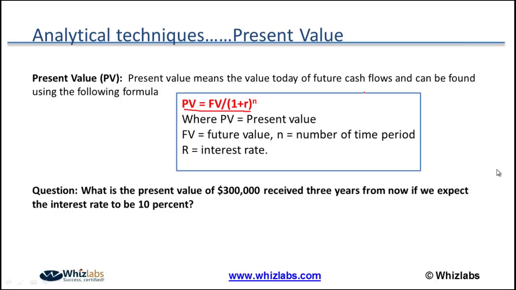Let me put this question in front of you. What is the present value of 300,000 received 3 years from now if we expect the interest rate to be 10%? Should the present value be less or more? It's a future cash flow of 300,000. What should be the present value of 300,000?